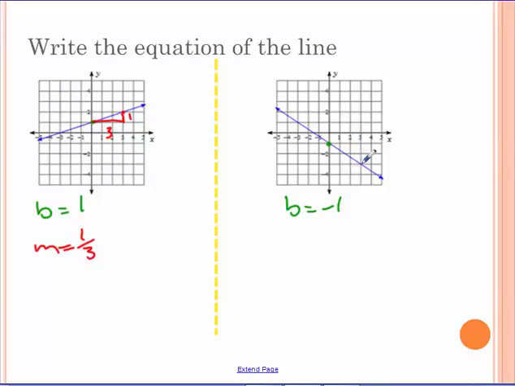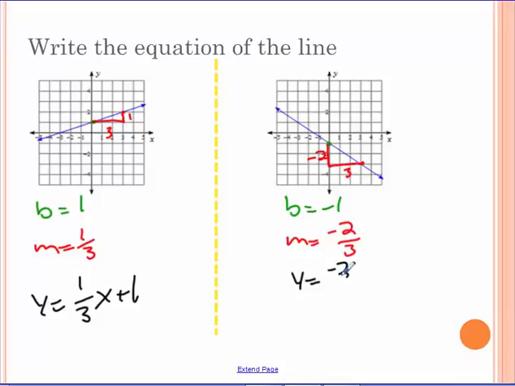Over here, when I find a point, I got this one, down 2, to the right 3. So my slope is negative 2 over 3. So when I go to write these equations, y equals mx plus b. y equals m, negative 2/3 x plus b, which is minus 1.